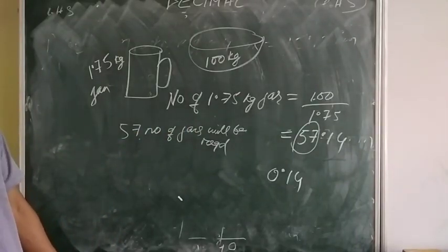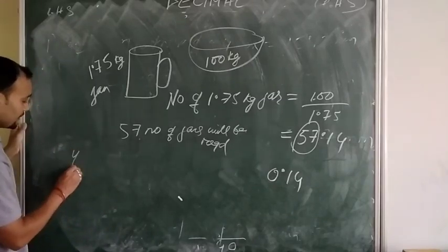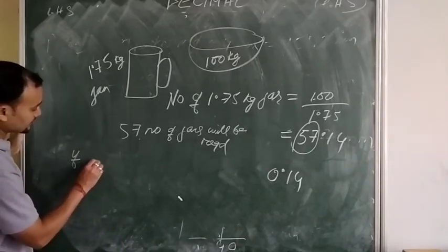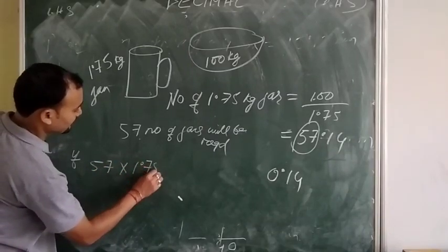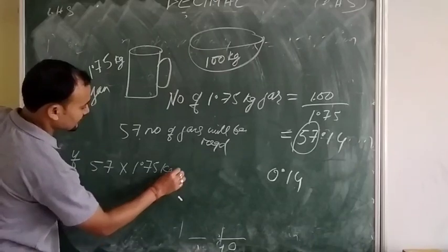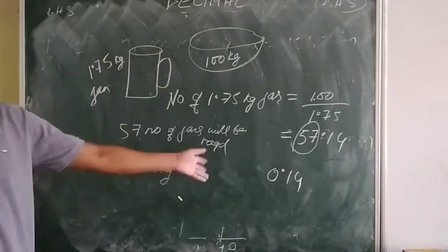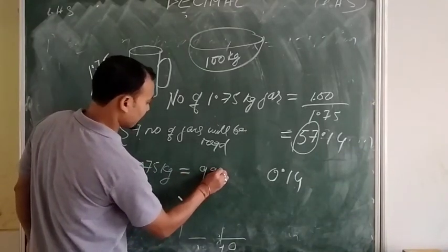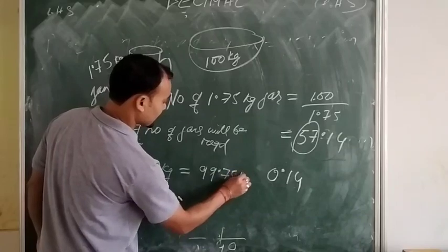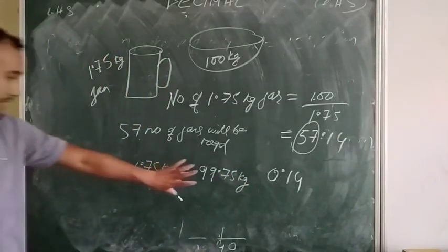Okay, you see, if 57 jars each hold 1.75 kg, then how much amount of jam will be taken away? We multiply this, then get 99.75 kg. 99.75 kg of jam is finished.